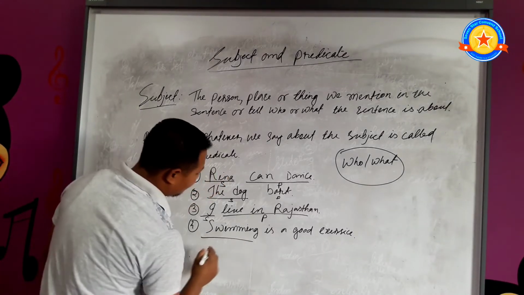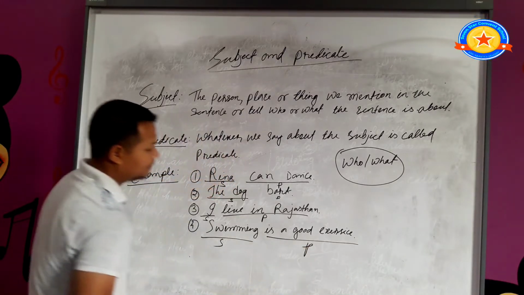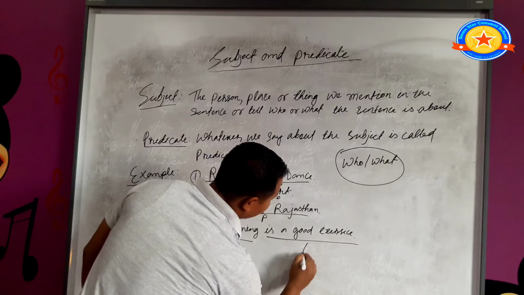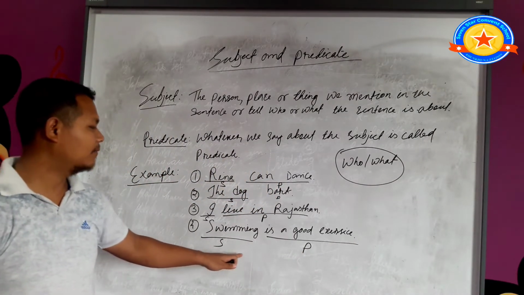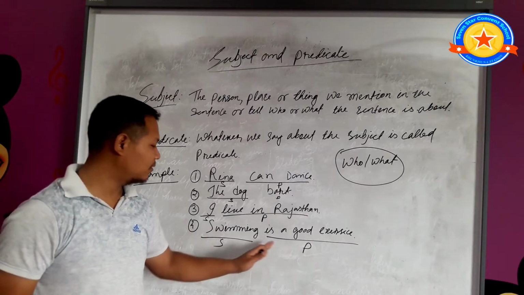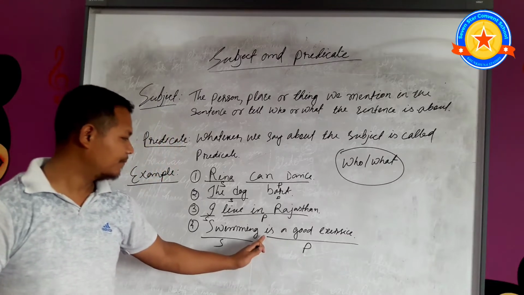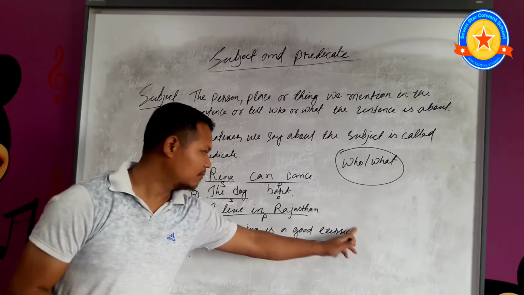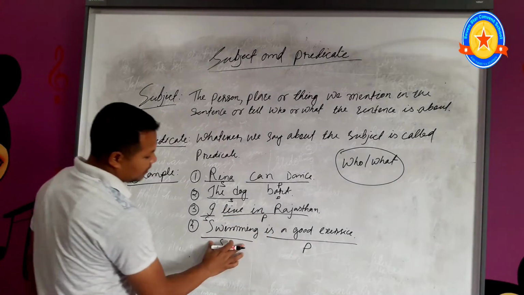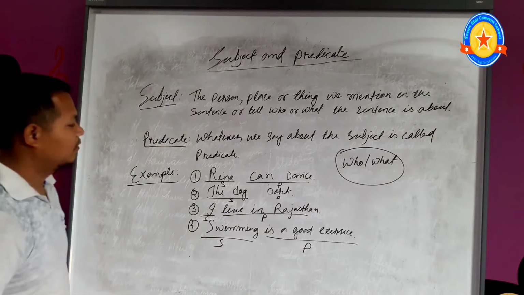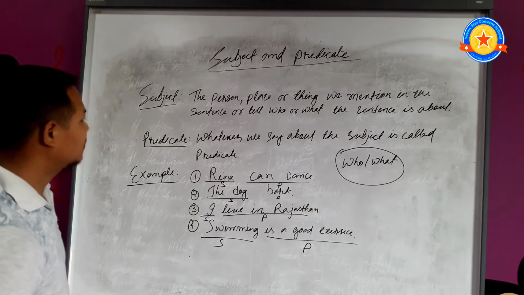This is the predicate. This is very common and very easy. We can easily understand which one is the subject and which one is the predicate.